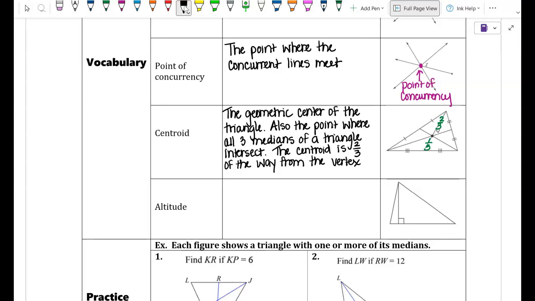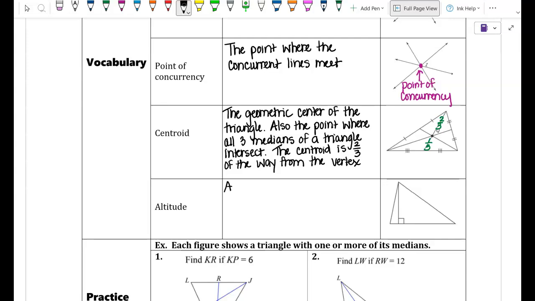And then the last term here, an altitude of a triangle. If you think of the word altitude in general, it's talking about the height. Usually we talk about planes flying at a certain altitude, how high they're flying. So it is representing a height.